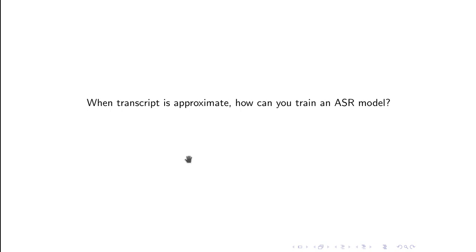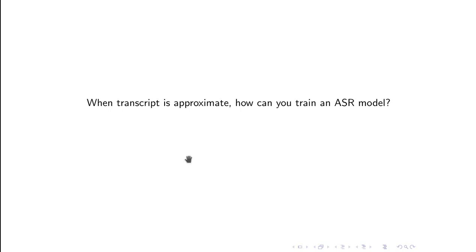But you might be wondering how we can train an ASR model using any of the toolkits, whether it's Kaldi or DeepSpeech or any other toolkit of your choice. How can we do that? So intuitively, you need some sort of alignment algorithm, an alignment procedure which aligns the audio with your transcript.